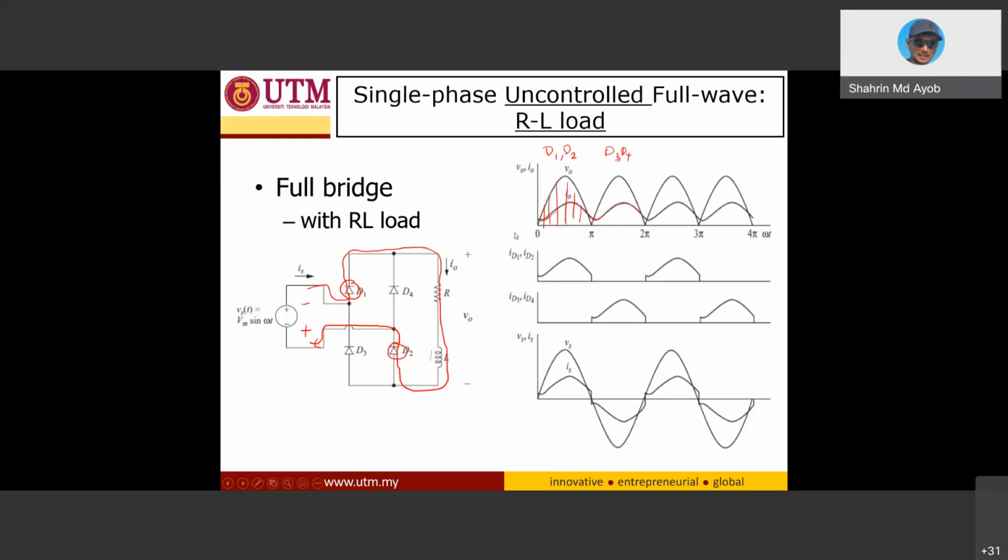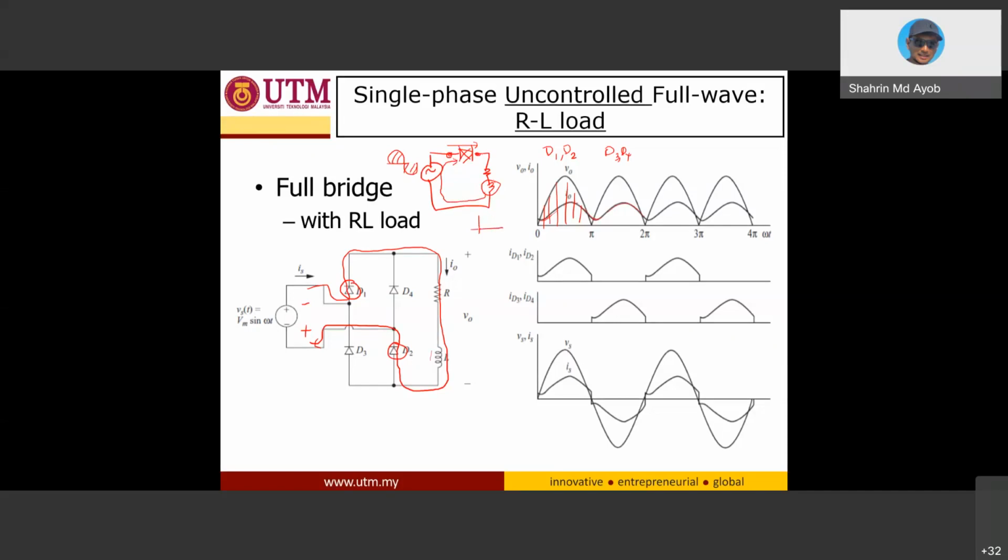Unlike the half wave rectifier, where we have only a single diode: when the cycle is positive, the diode is turned on, the current flows and charges this inductor. But when the cycle is negative, the diode is turned off, yet the inductor needs to be discharged, so it forces the diode to turn on.